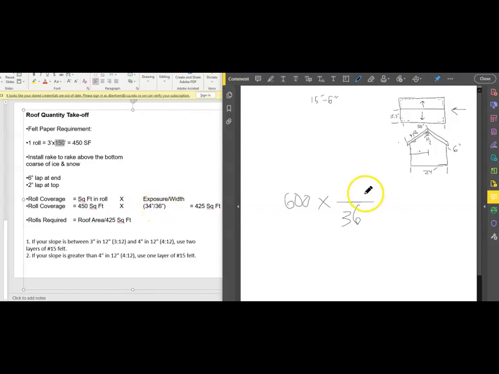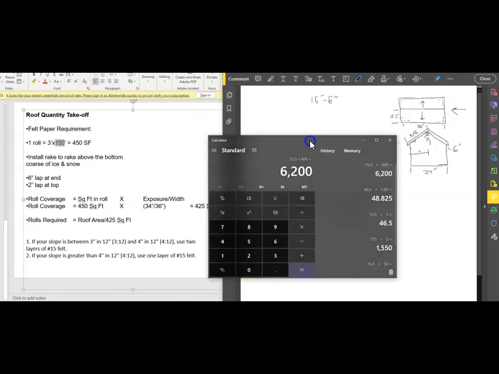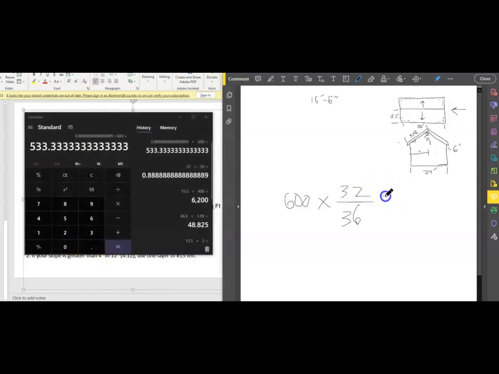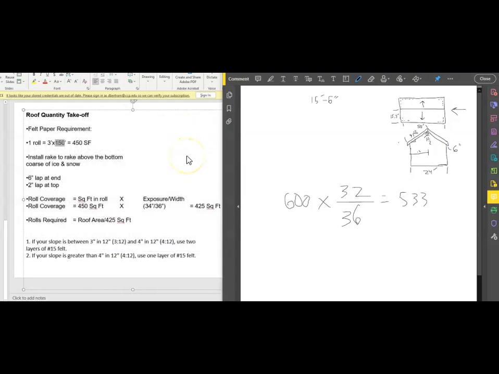Then the exposure would be 32 with a 4-inch overlap. So all these numbers are adjusted according to what you purchase and the overlap that you want. So 32 divided by 36 will give us a smaller number, 0.88. Multiply that by the 600, and we have to pretend like we actually only get 533 square feet out of the 600 square foot roll due to the overlaps.